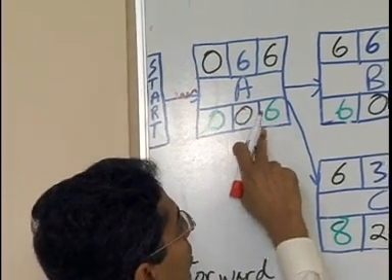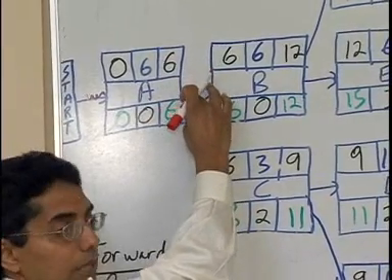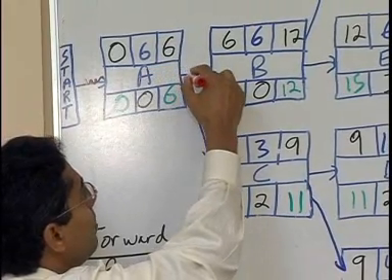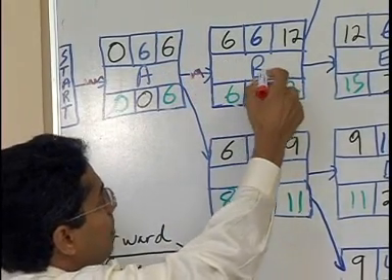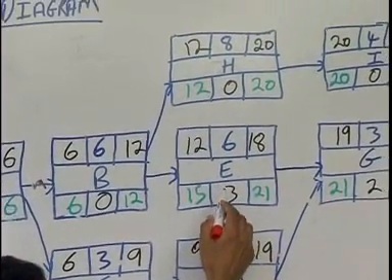Now, A goes to B and C. Going along this path, which one has a 0 slack? B would have it. So we come A, B. From B now, it goes to H and E. But which one has a 0 slack?